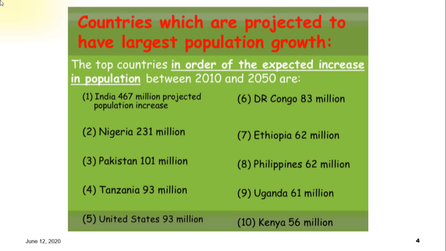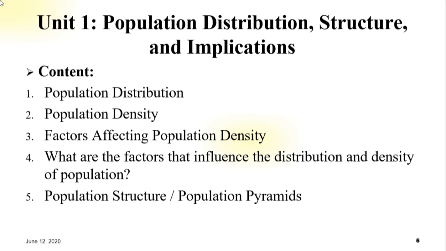The top is India and the last one is Kenya. Please read it one by one, just to let you know which countries are projected to have the largest population growth. Now we start our points.